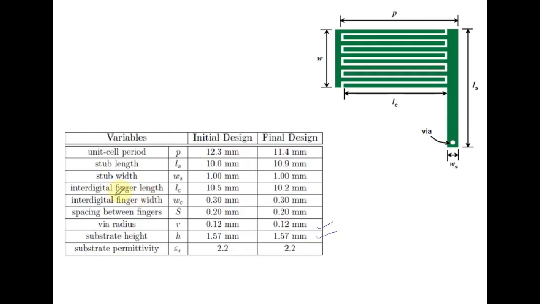The interdigital finger length, this length, is 10.2 mm, and the width is 0.3 mm, and the spacing in between two fingers, this white portion, is 0.2 mm. So we will develop this architecture in HFSS software using this final design dimension. It is designed at 5 GHz frequency.